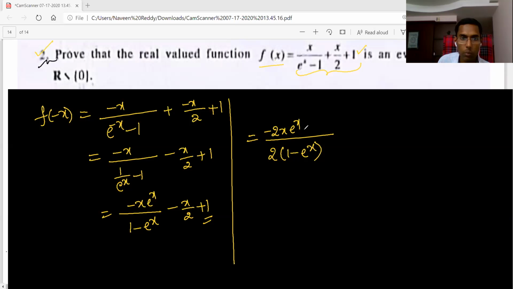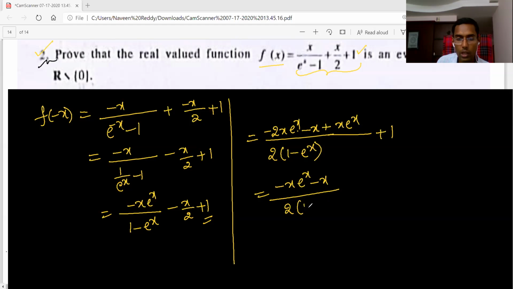Then this goes this side, minus x plus x e power x plus 1 as it is. So here x e power x and this is 2x e power x. So what you get is minus x e power x. Understand, 2 times 2, this is 2x, this is 1x. So minus x by 2 times 1 minus e power x plus 1.